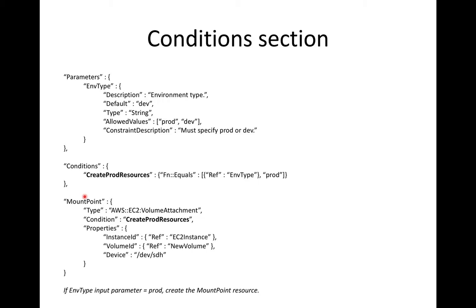Otherwise, it will skip it. That's really all there is to it when it comes to setting up conditions. They're very easy to use and extremely helpful because, again, this allows us to take a generic template and tailor it for different types of environments.